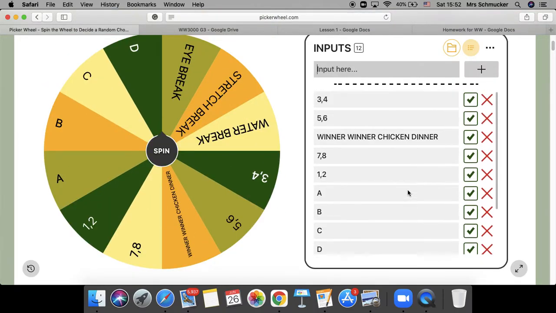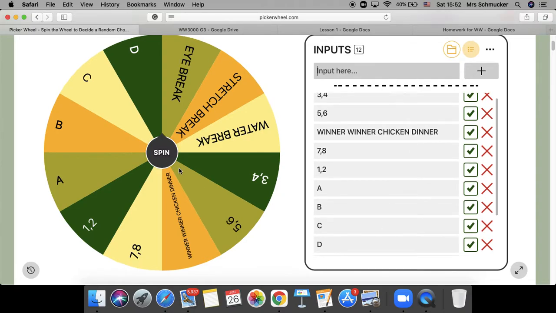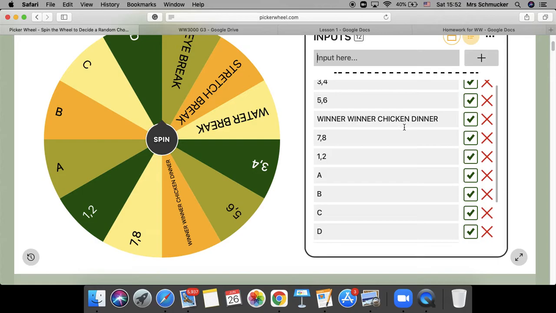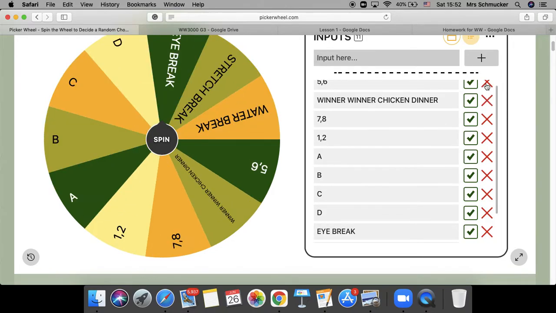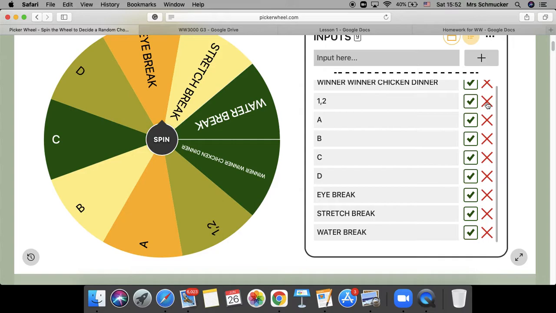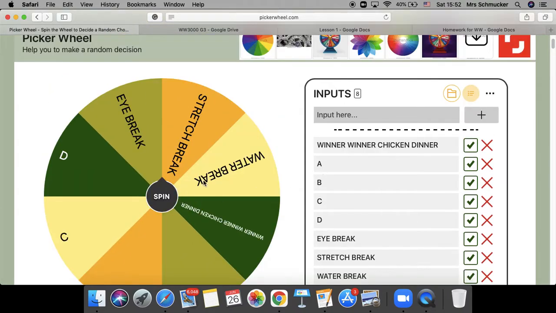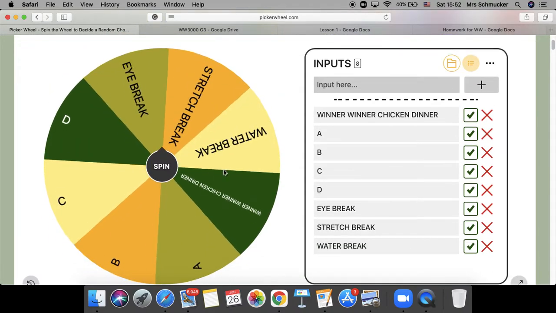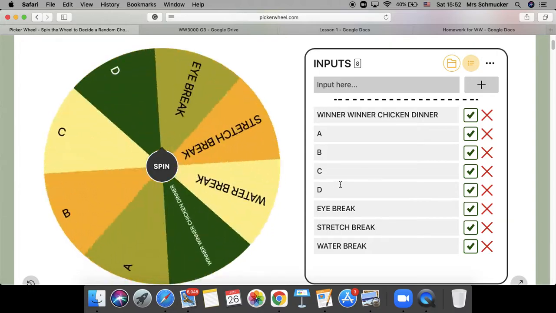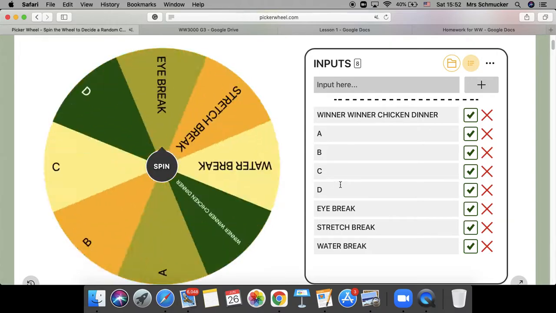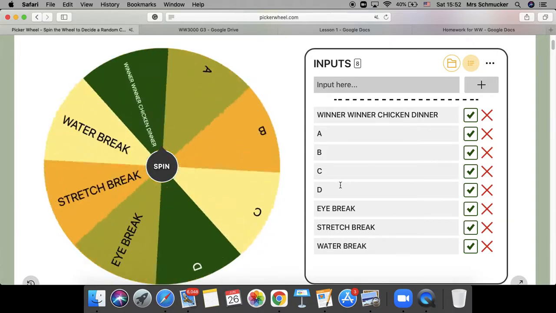Or you can have the winner winner chicken dinner, which means whoever spins this one, everybody takes a break. So you can make it really creative. So what I would do is, I'm just going to delete some of these. This is for part 2. So for the name part, you just spin the wheel, and then you will have a person or the break pop up. So let's see.